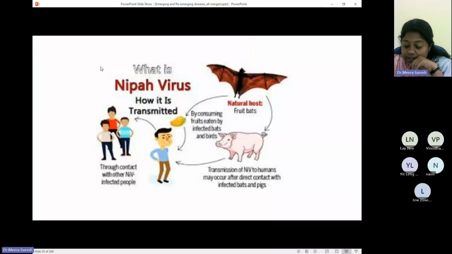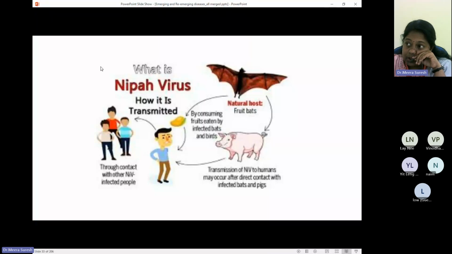And from these patients, even the hospital workers also got infected. The one person who died was actually a nurse who was working in this hospital. She also passed away while she was taking care of these patients. So that was the Nipah virus, which happened in Kerala in 2019.